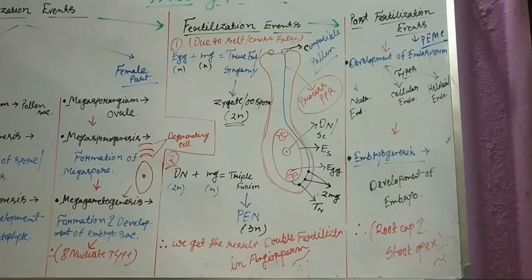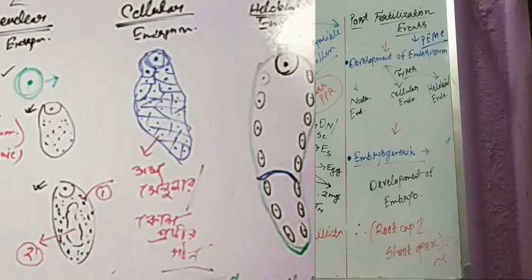First one, nuclear endosperm. It is the most common type of endosperm. The primary endosperm nucleus divides rapidly without wall formation, hence a large number of free nuclei are present. Examples: maize, rice, etc. Second, cellular endosperm.